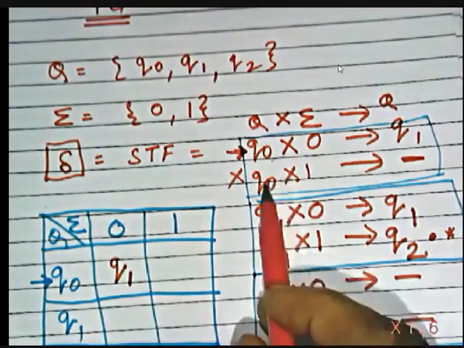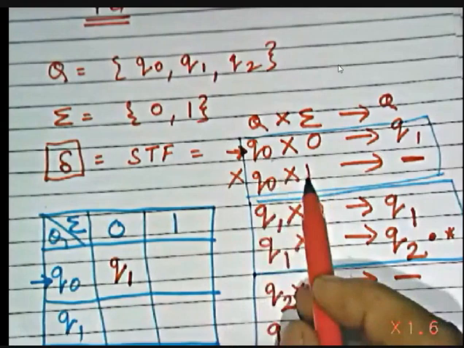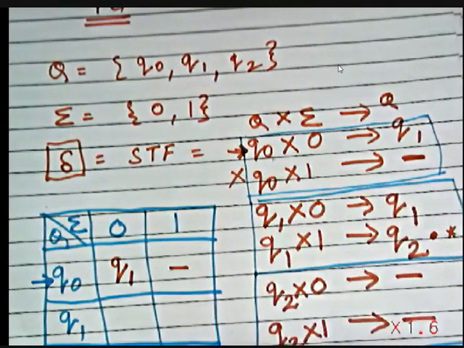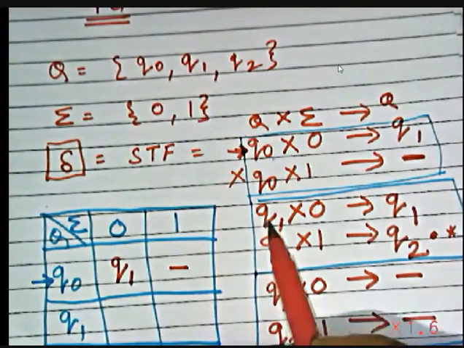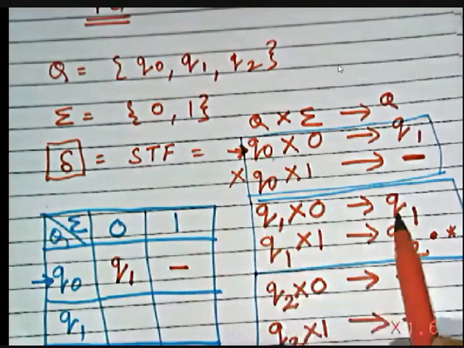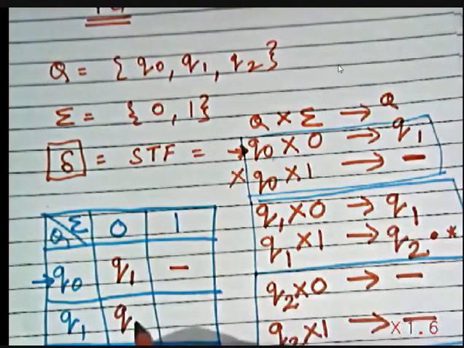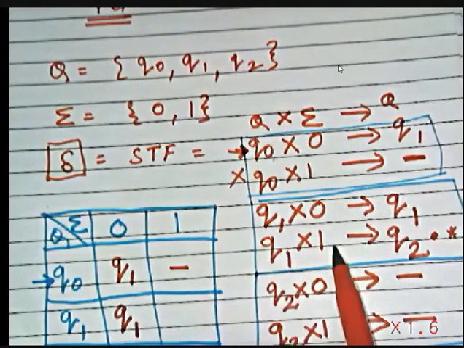Similarly, Q0 with the input 1, it is going nowhere. So I am just marking here dash. Clear? Similarly, Q1 on 0 moves to Q1, self loop. So I am writing here Q1. Q1 on 1 moves to Q2.